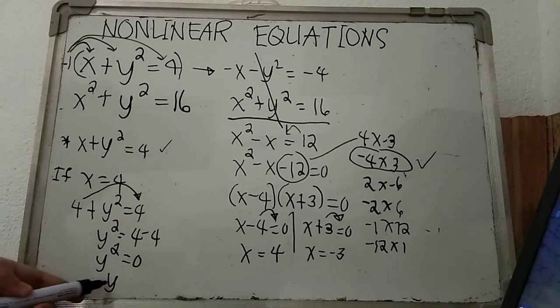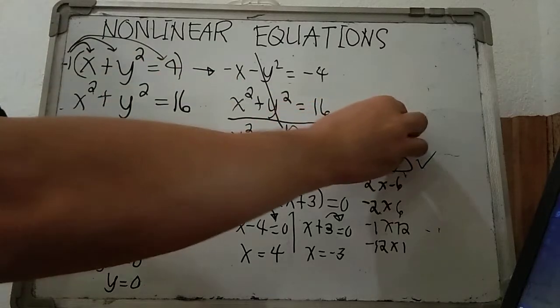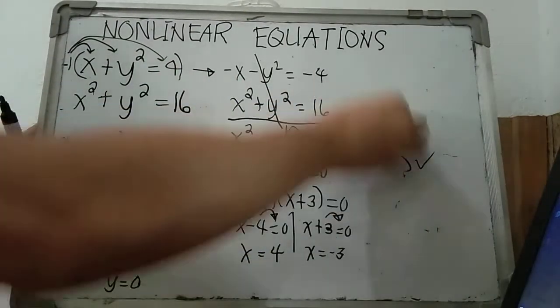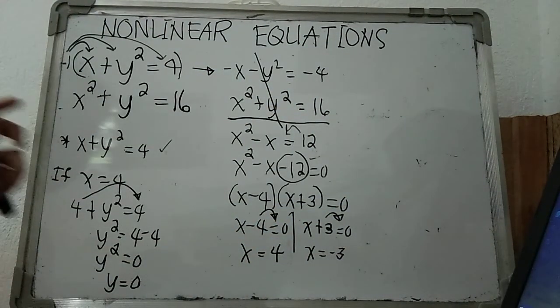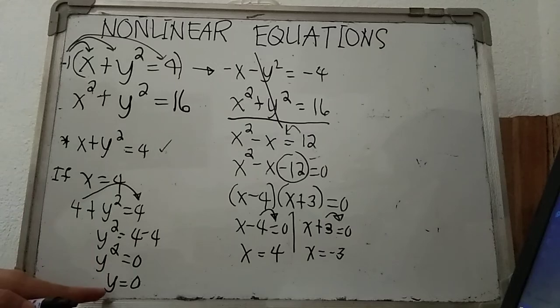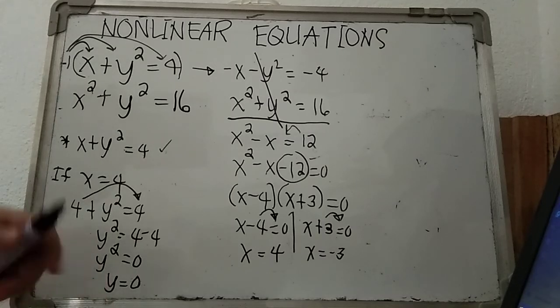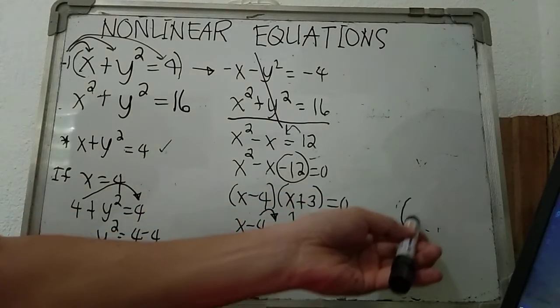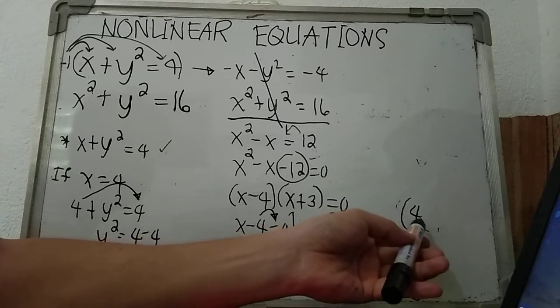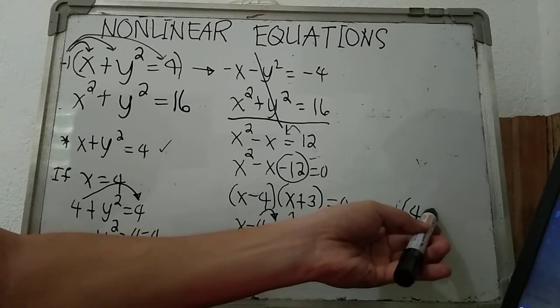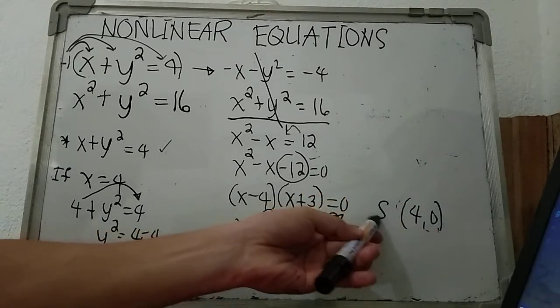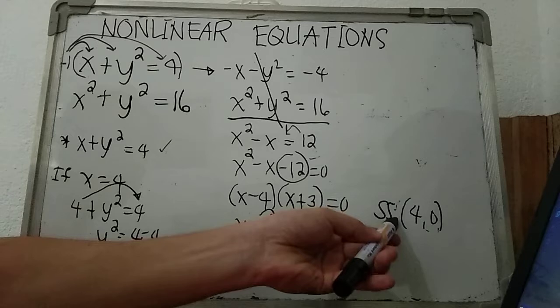The square root of 0 is 0. So it means that if you have an x which is 4, you will be given a y value which is 0. So if x is 4, then our y is 0. And this is our first solution set.